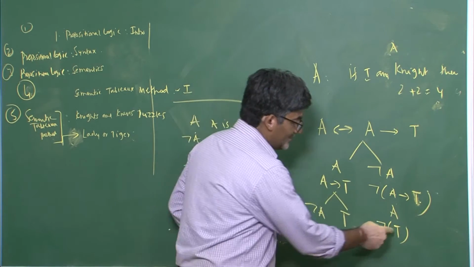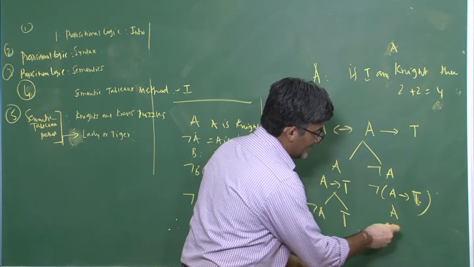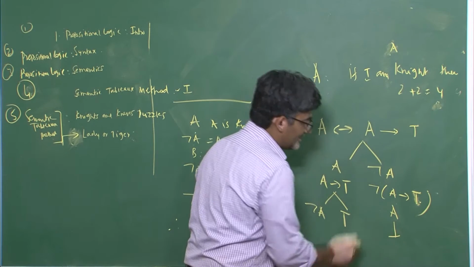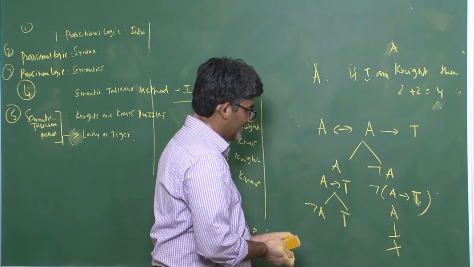So this not of T is equivalent to bot. So that means there is a contradiction here, this branch closes here.